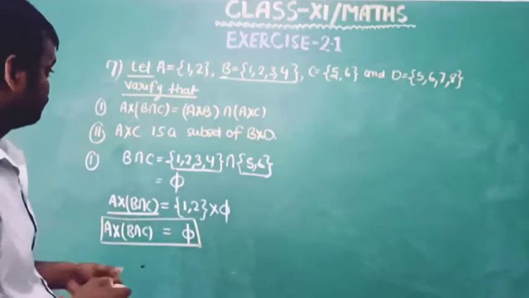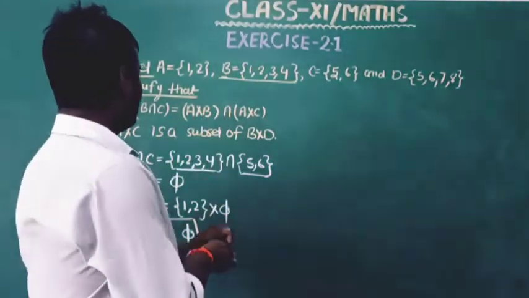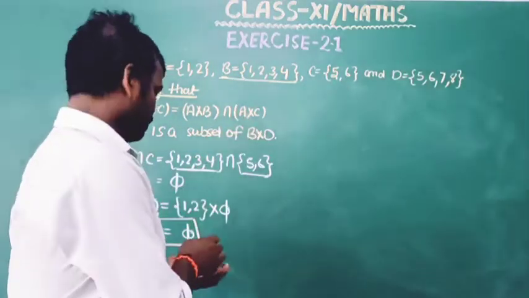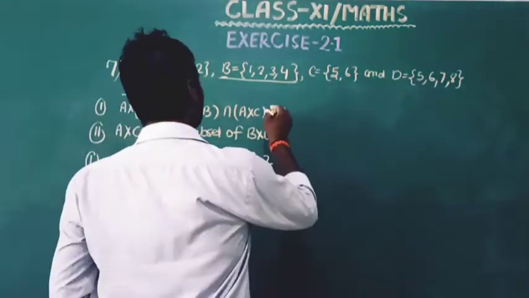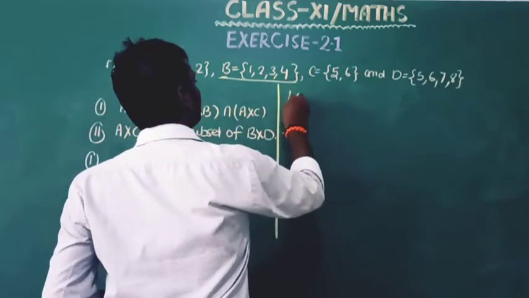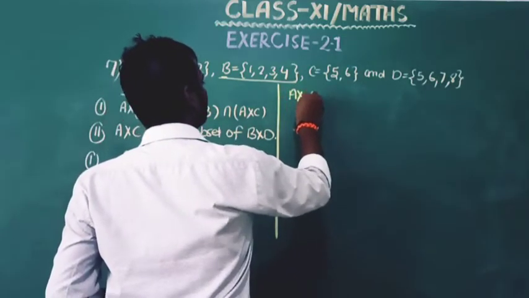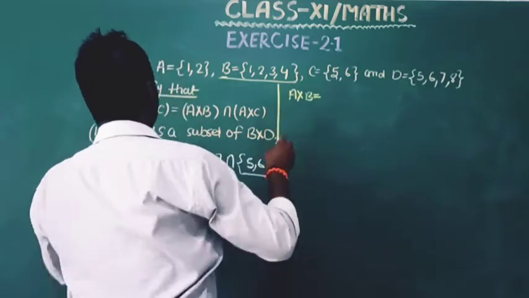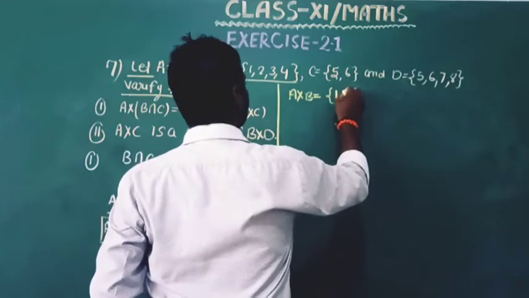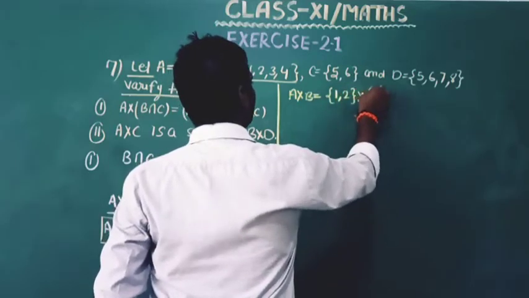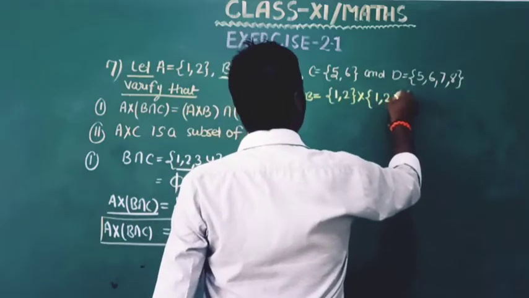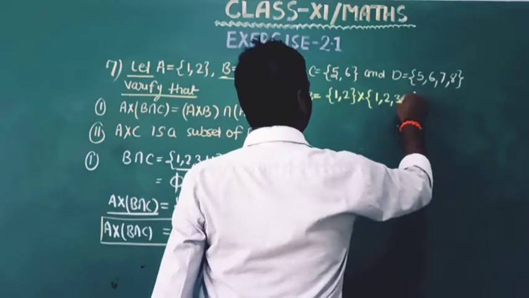Now just find A cross B and A cross C. First find A cross B. So A cross B equals set A, which is 1, 2, into set B, which is 1, 2, 3, 4.